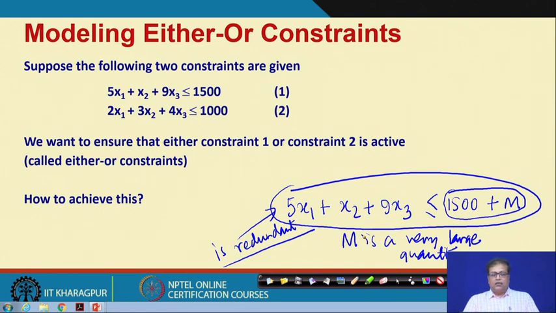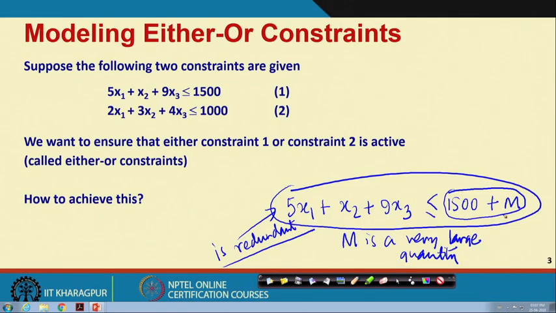The question now is, we know how to make a particular constraint non-active, but how do we put things in such a manner that M is added sometimes and M is not added at other times?